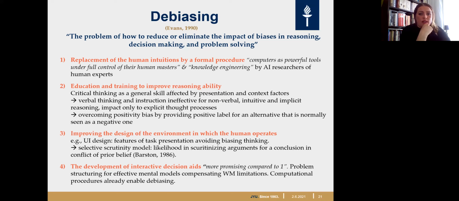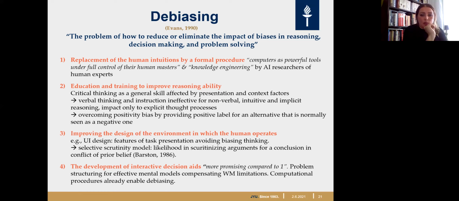And one problem in this is that verbal thinking and instruction are ineffective for non-verbal, intuitive, and implicit reasoning. Instruction based on verbalization impacts only explicit thought processes, and many biases can often occur implicitly, so there's this kind of problem in the education approach.